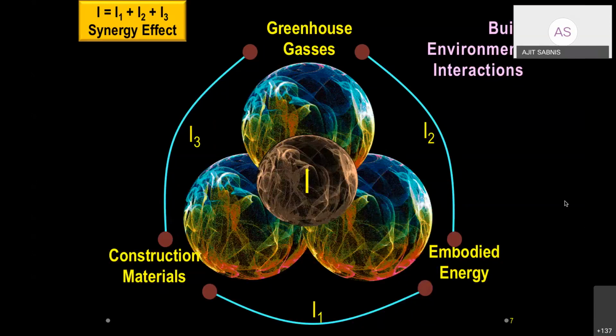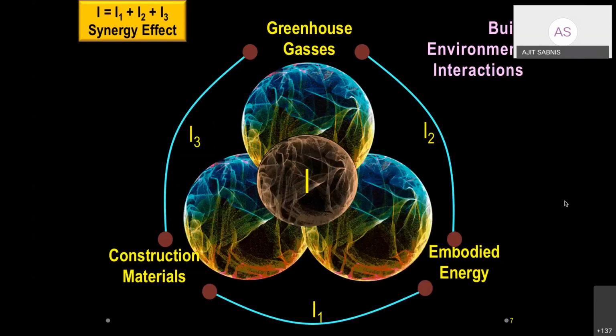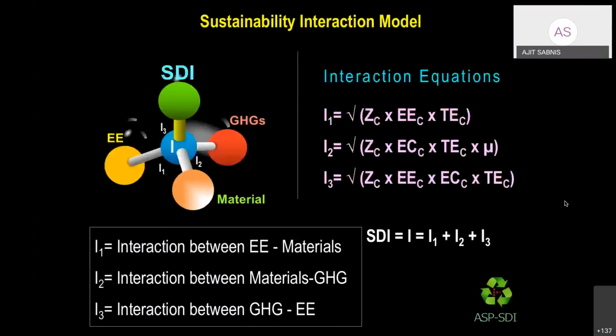We also discussed in the last slide a few equations, how mathematical equations for interactions can be evolved using these several parameters. We discussed interaction 1, interaction 2, interaction 3, and how we can evaluate the total I, which we have taken here as the sum of the three interactions together.